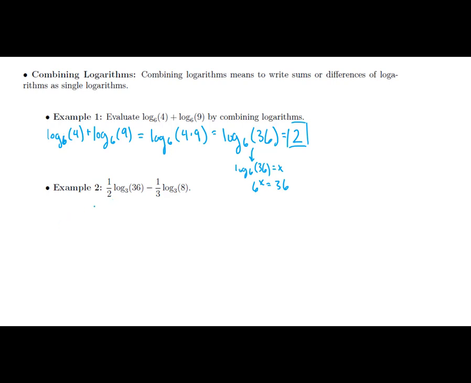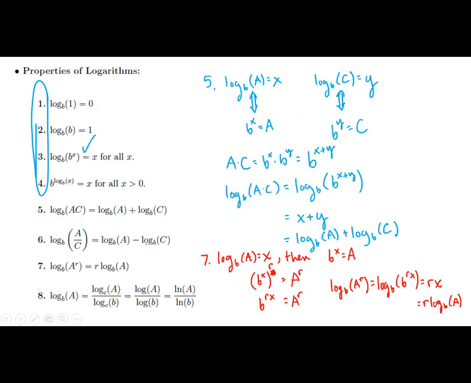All right, let's look at example 2. A little more difficult here because now there are coefficients in front of our logarithms. And again, let me take us back to the previous page. On the previous page, please notice that any time you are combining logarithms with addition or subtraction, there is just a coefficient of 1 in front of the logarithms.